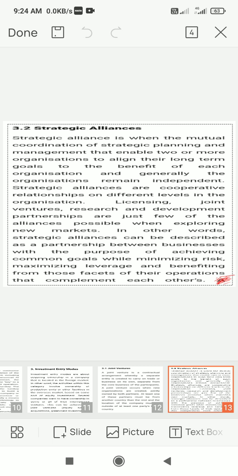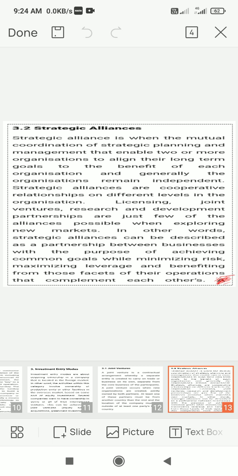So in this case we all are helping each other and we are different alliances coming together. If we three belong to different countries and come together, it means we enter into each other's business. So by this way it is called strategic alliances. You can see by this we can enter international business.